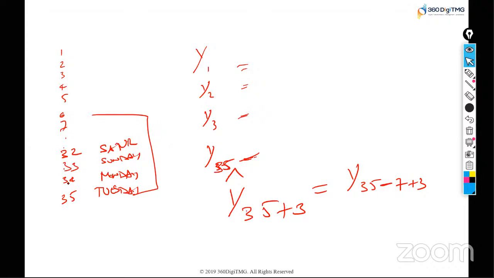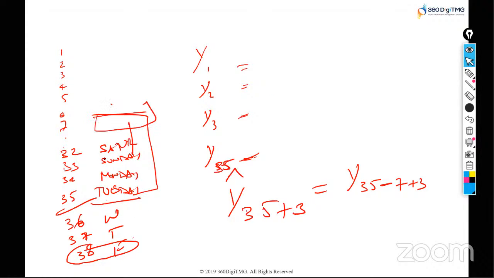So I have data till Tuesday. I want the value for Wednesday, Thursday, Friday, because that will be 36, 37, 38. So I want the 38th data, the Friday data. So 35 minus 7 will give me the last Tuesday, plus 3 will give me the last Friday. So last Friday data is going to be the next Friday data. Is it making sense?